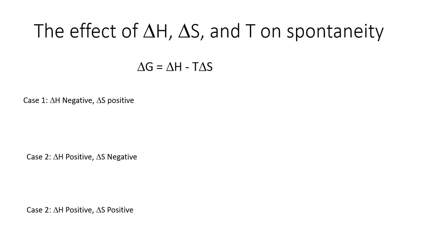Let us look at the effects of delta H, delta S, and T on the spontaneity of a chemical reaction. We are going to look at that based on this equation. The reaction will be spontaneous only when delta G is less than 0.